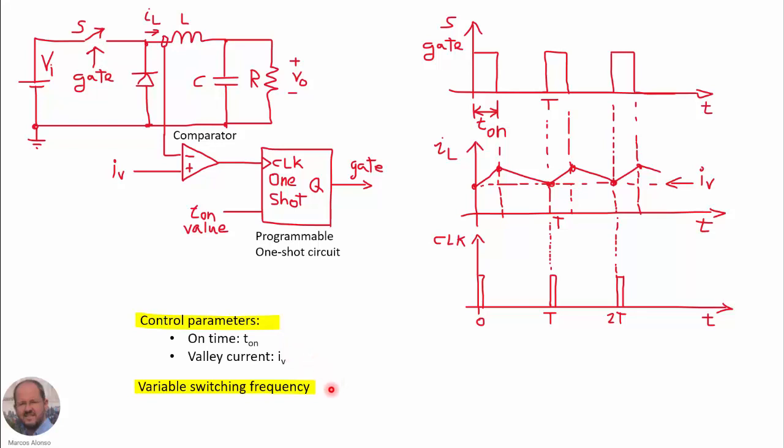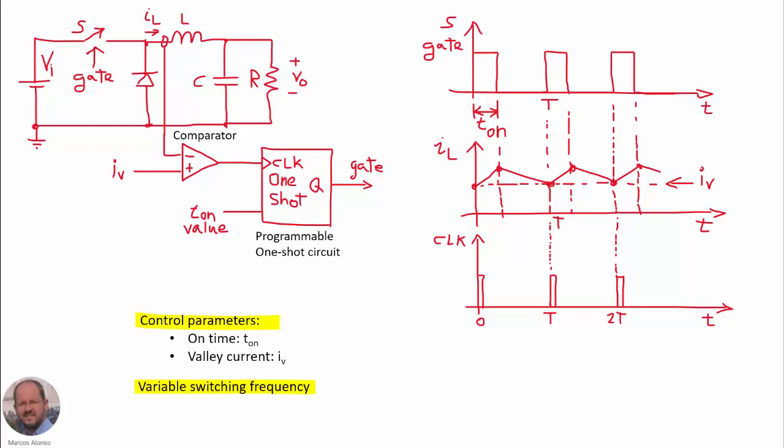Also, we have to note that this is a variable switching frequency control method because we are not fixing the switching period T. We are reaching the end of the period when the current reaches the minimum value IV at this point here. So this is an interesting control method that is very used in many applications of DC-DC converters and also in LED drivers.